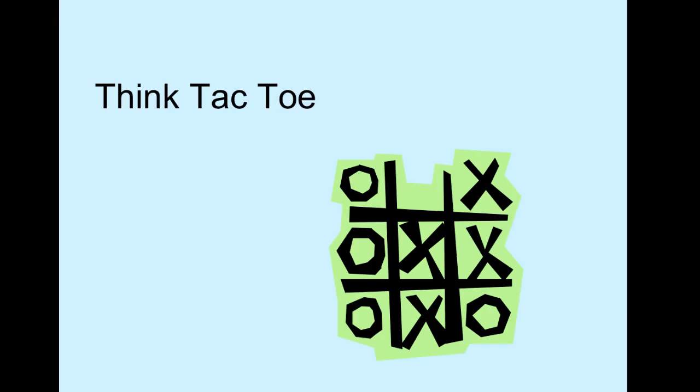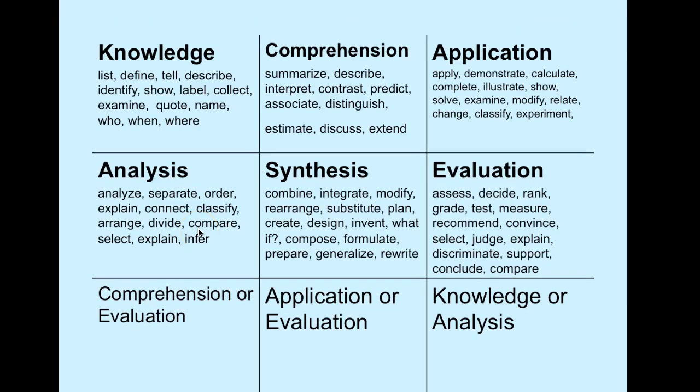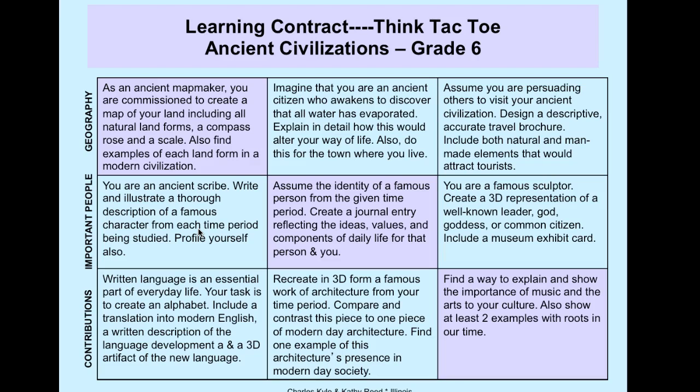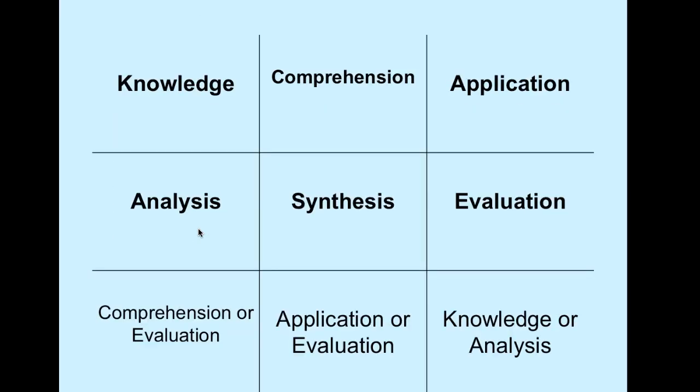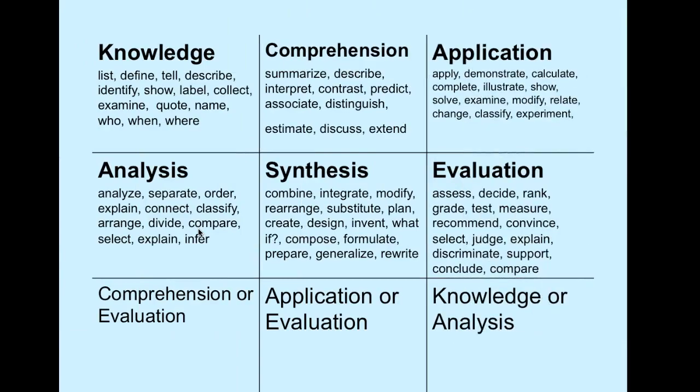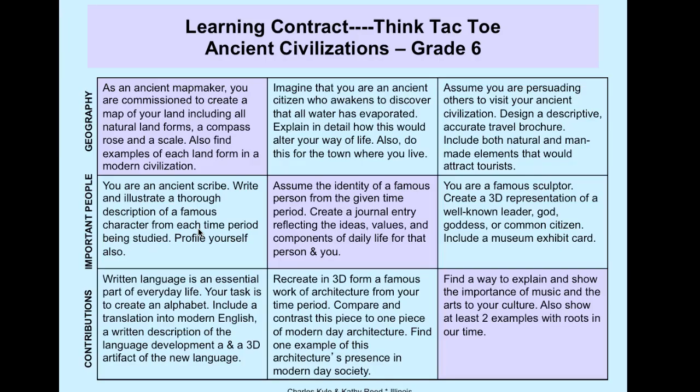You can use different levels of thinking to set up, or you can use different types, like learning styles, like Gardner's multiple intelligences in these squares, to create lessons that are available to different levels of students in the same content area in your class.